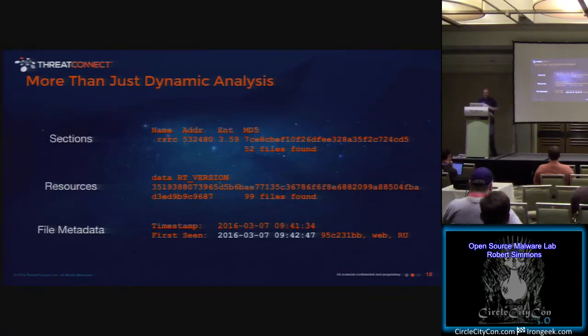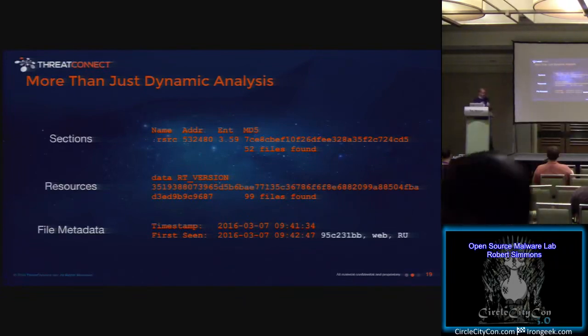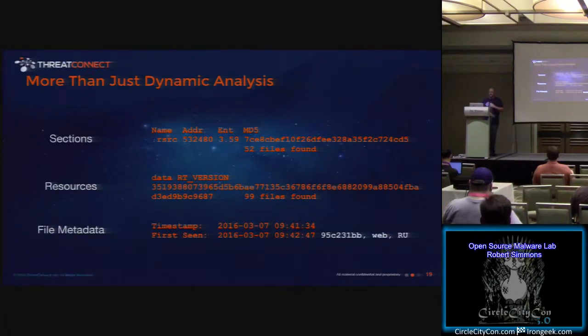Very, very unlikely. So what VirusTotal gives you is a hash value, which represents, I believe, the IP address and maybe a little bit more information about that individual or that entity that submitted the file. And they also give you this particular hash for all the files that are submitted. So now I know that this particular piece of malware was submitted by this hash from the web and from Russia.